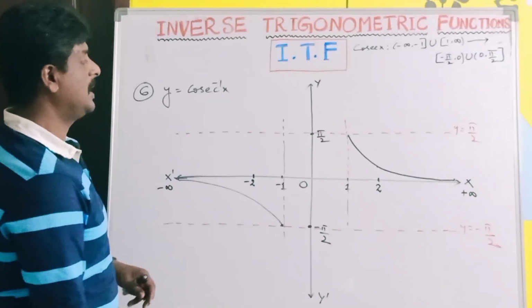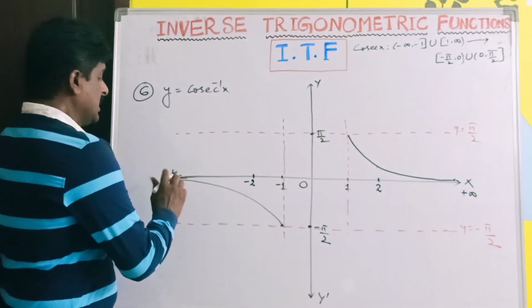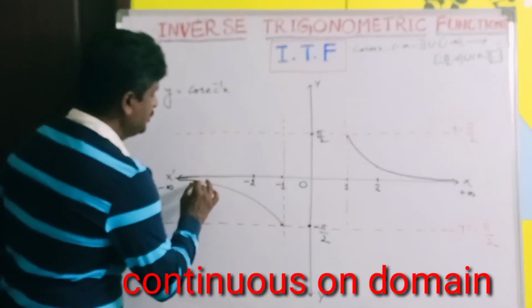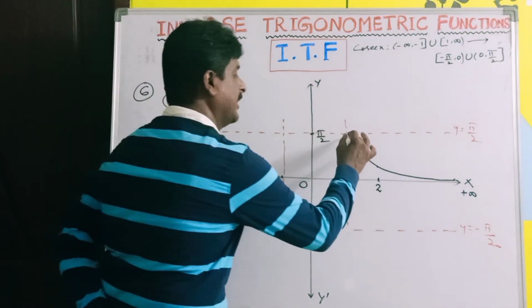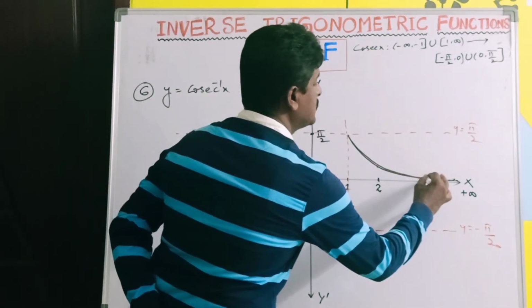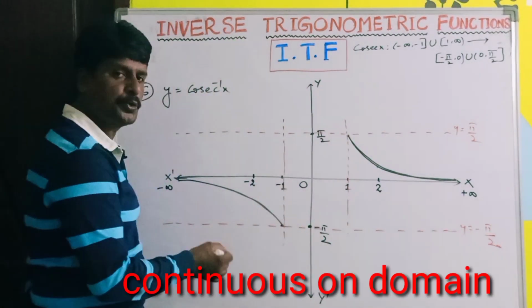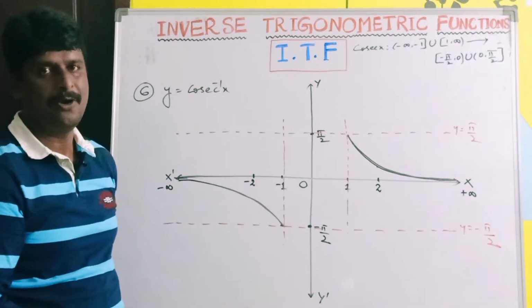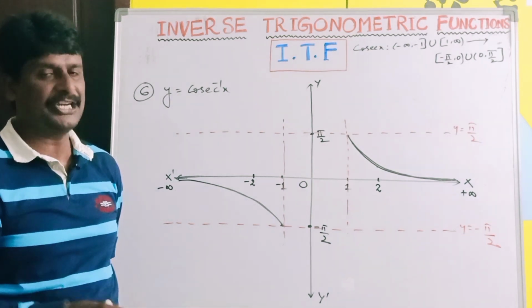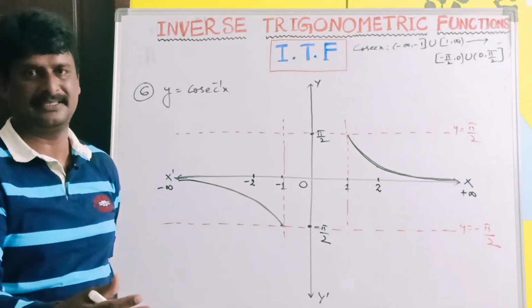And also observe that the graph can be drawn continuously without lifting the marker on its domain. Of course, we have to lift the marker to draw the graph of cosecant inverse x on the set of real numbers. I am not saying it is continuous on the set of real numbers.